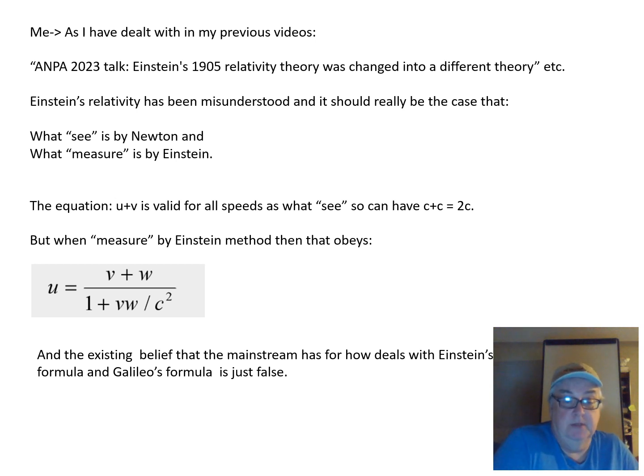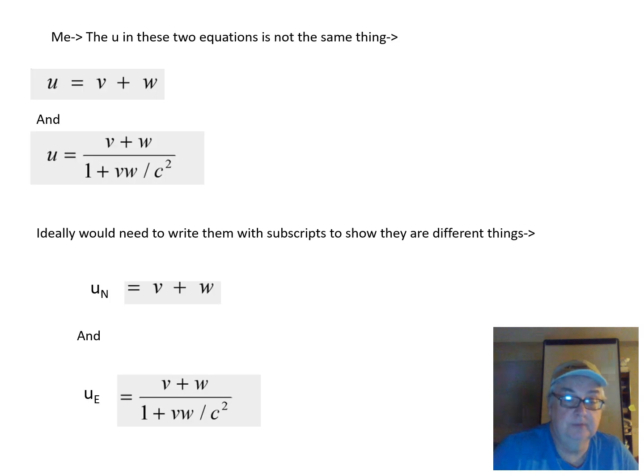And the existing belief that the mainstream has for how it deals with Einstein's formula and Galileo's formula is just false. The c in these two equations is not the same thing.